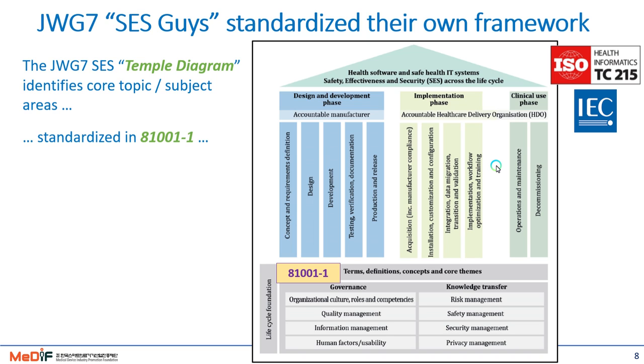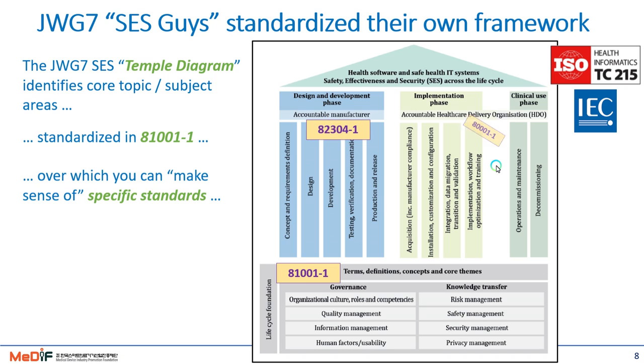So they standardized this model in the 81001-1 standard, which is in final ballot right now. It should come out later this year, and over it you can make sense out of very specific standards. For example, a standard for health software, 82304-1, or for risk management of IT networks that incorporate medical devices and health software, 80001-1.